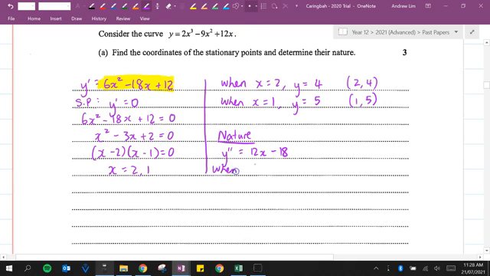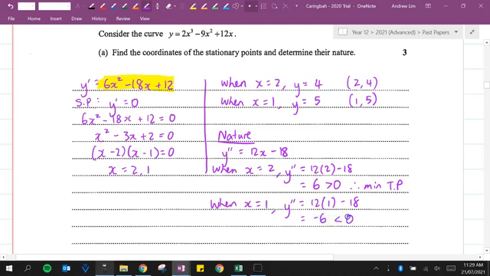So when x is equal to 2, y double dash is equal to 12 lots of 2 minus 18, which is equal to 6, which is greater than 0. Therefore, it's a minimum turning point. When x is equal to 1, y double dash is equal to 12 lots of 1 minus 18, which is negative 6.